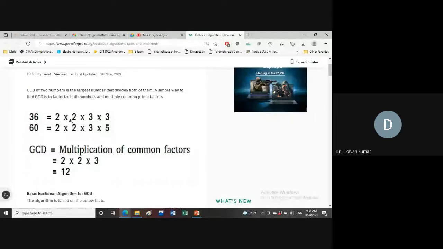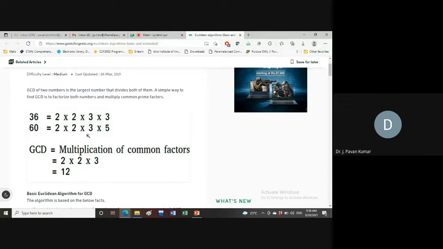Now, what are the common factors that we have? 2 we have common. Next, again another 2, again 3. Here these two are different. Whatever the common factors we have, we will multiply them so that we get the GCD. What is the GCD? 2 into 2 into 3. That is nothing but 12. So 12 is the GCD of 36 and 60.